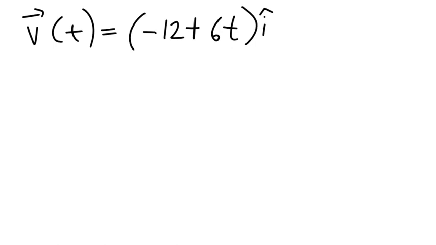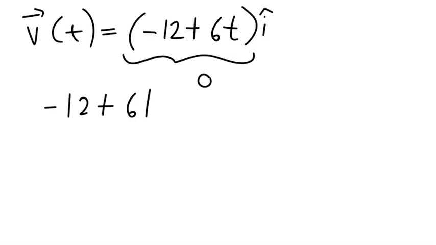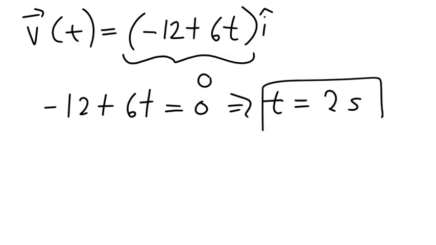Since the instantaneous velocity was found to be minus 12 plus 6t i hat, we simply have to solve when this expression goes to 0. So immediately we see that by setting minus 12 plus 6t to 0, it yields t equals 2 seconds. So at t equals 2 seconds, the velocity of this object is 0.